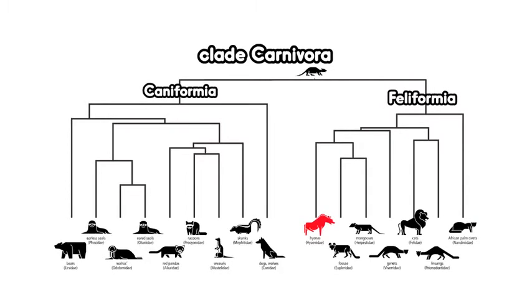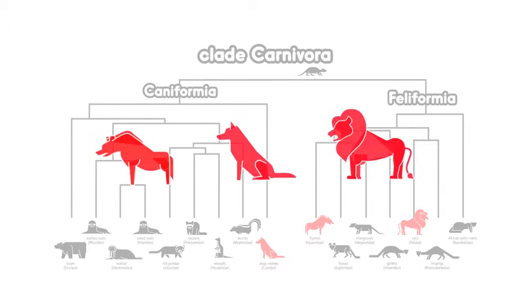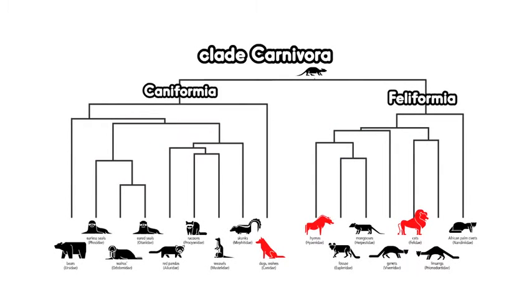Hyenas, dogs, and cats are all members of the carnivora clade. But are hyenas more closely related to dogs or cats? Hyenas look a lot like dogs. And you might think that hyenas are closely related to dogs because of their close position to each other at the tips of this evolutionary tree.